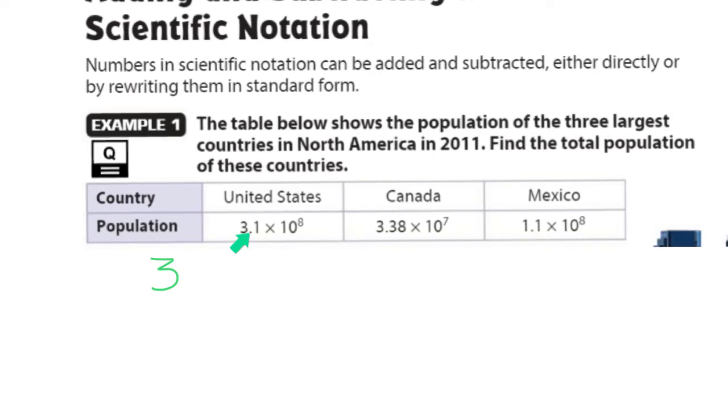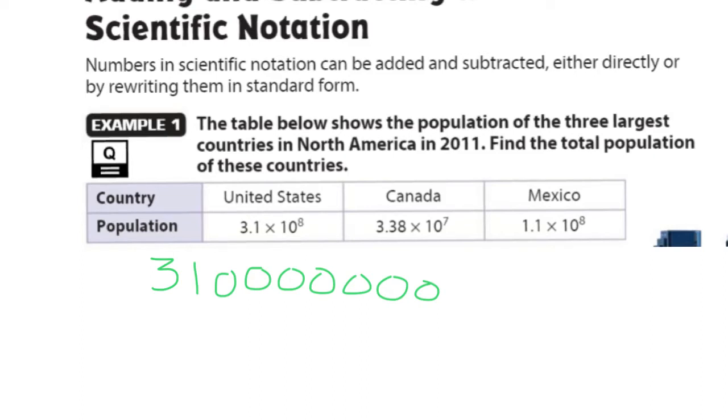You're going to move your decimal point 8 spaces to the right. So we'll go past the 1, and then we'll have to have 7 zeros after it. So go past the 1, and you'll have 1, 2, 3, 4, 5, 6, 7 zeros.